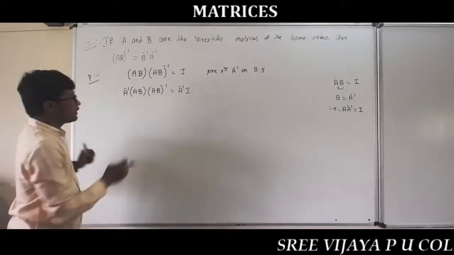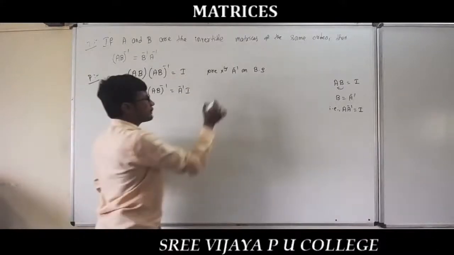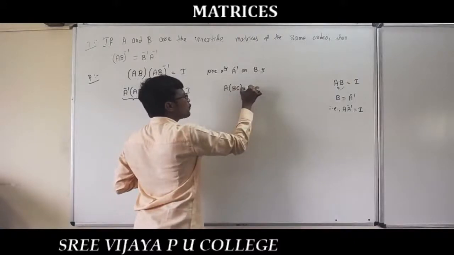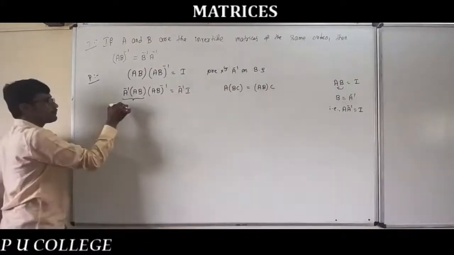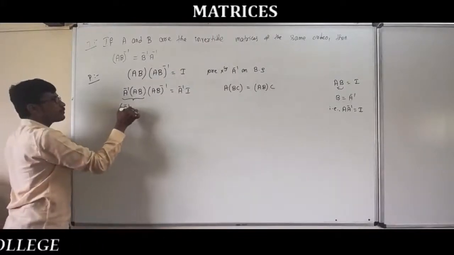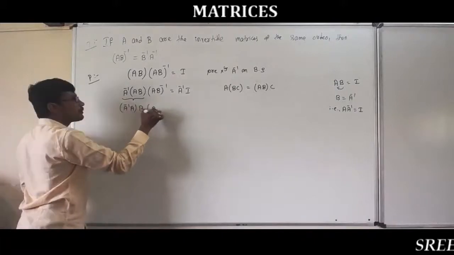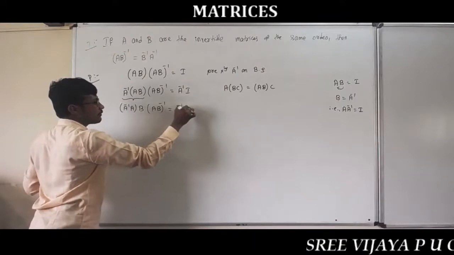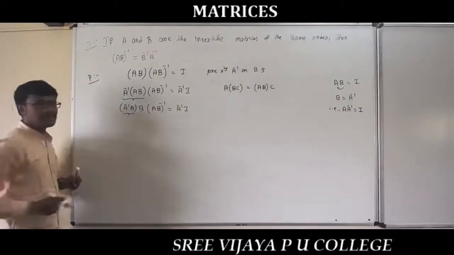Here again, by the associative property, A into BC is equal to AB into C. So shift the brackets: A inverse into A into B into AB whole inverse equals A inverse into I. Now, what is this A inverse into A?